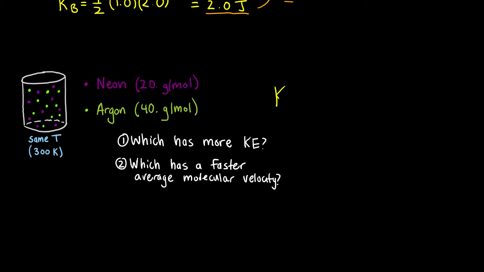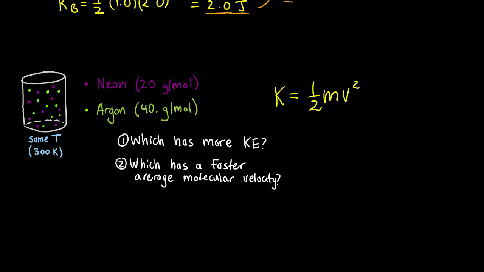If you write out the kinetic energy equation, you see that mass and velocity are next to each other, which indicates an inverse relationship. Although this inverse relationship is not a linear proportion, it is an inverse square proportion. The idea still holds true, though, that the higher the mass of something, the slower it moves if it has the same kinetic energy as another body.